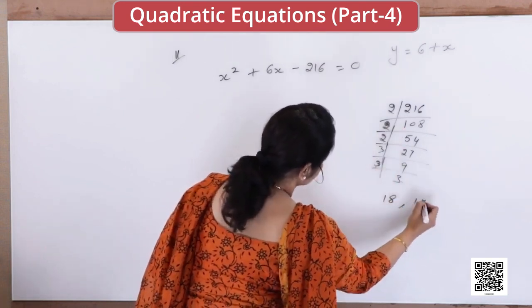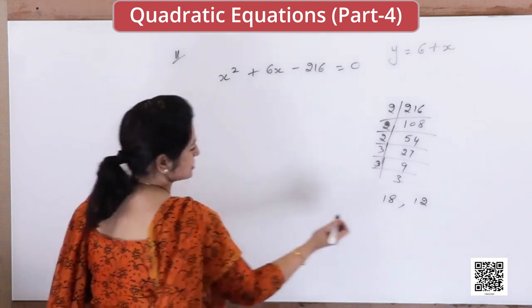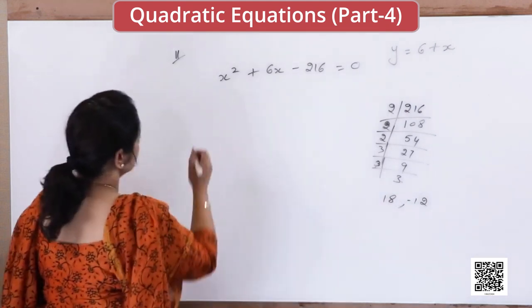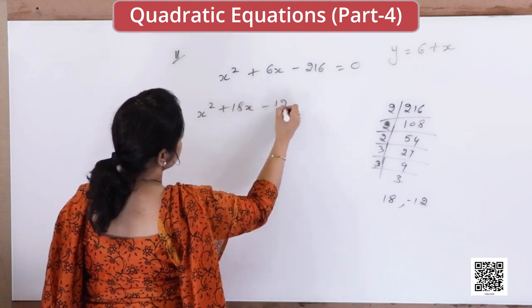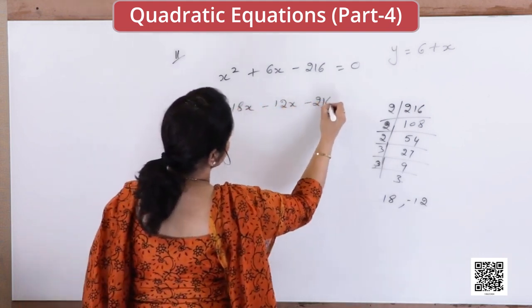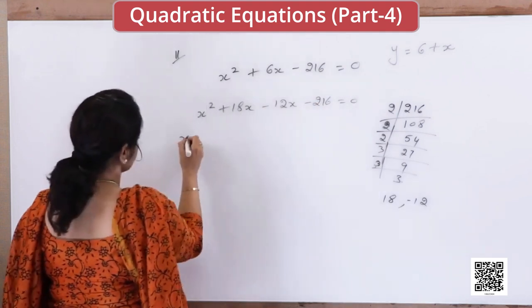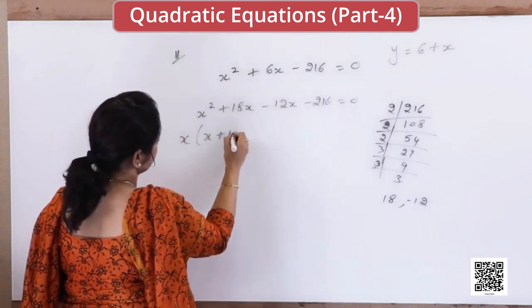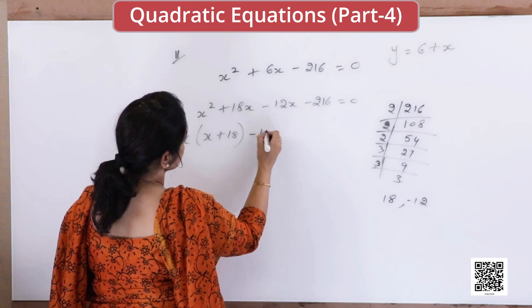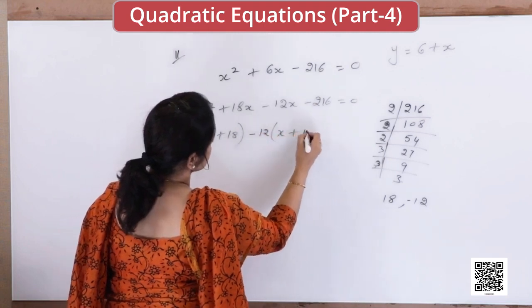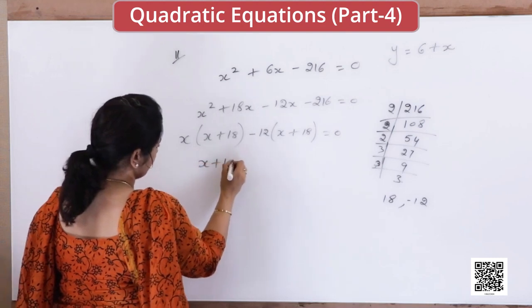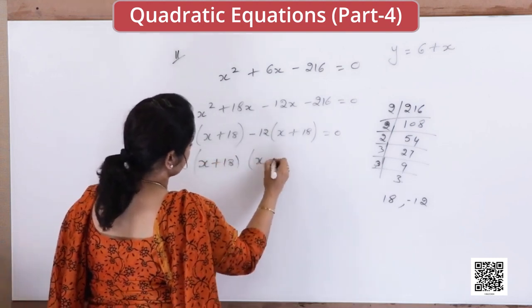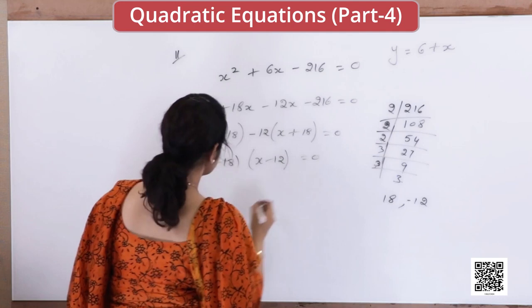Yes, 18 and 12. It will give us 6. So, plus 18 minus 12. So, it can be written as x square plus 18x minus 12x minus 216 equals 0. Here, x plus 18 common. So, x plus 18 multiplied by x minus 12 equals 0.